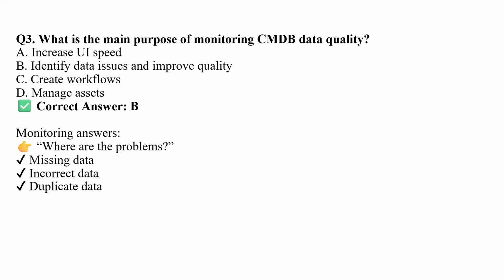Missing data, because some information is missing, will lead to errors. Incorrect data also provides wrong results. Duplicate data means, for example, server 1 and server 001 appear for the same server, which creates duplications.